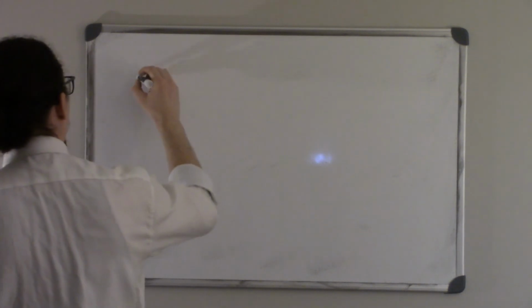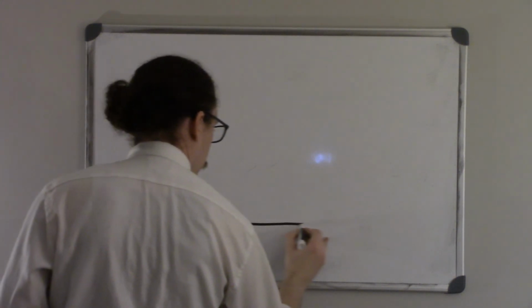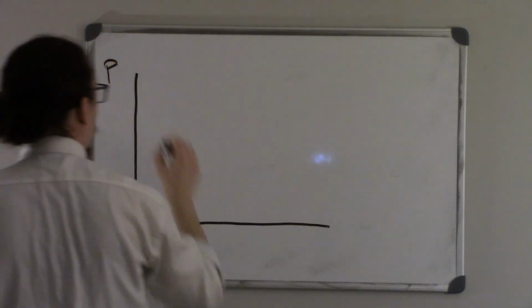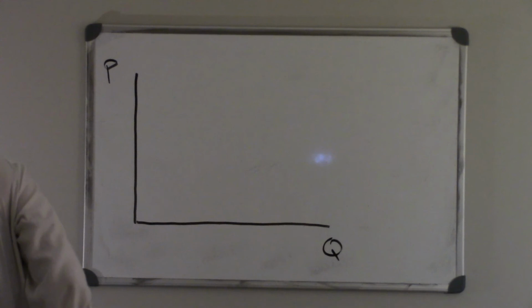All right, once again, we can look at our graph. It's the exact same as the one you've already got on your paper that we did the consumer surplus with, but I erased it, so I have to redraw it now.